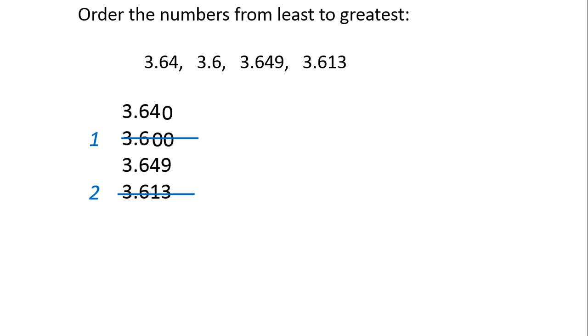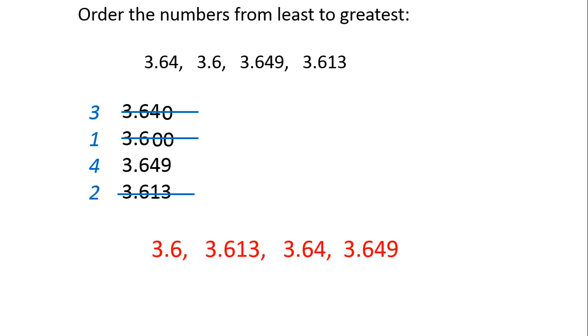All right, so now we're down to the last 2 numbers. We want to know which one is the smallest. They both have 3 wholes. They both have 6/10ths. They both have 4 hundredths. But the first number has no thousandths, which is less than the remaining number underneath that, which has 9 thousandths, which means that is our third number, and this is our fourth number. And now if we write them as the numbers they were originally, we have them in order from least to greatest.